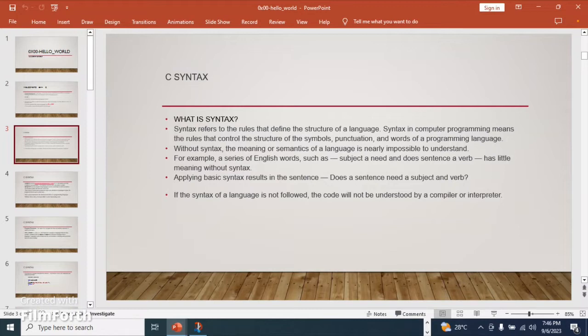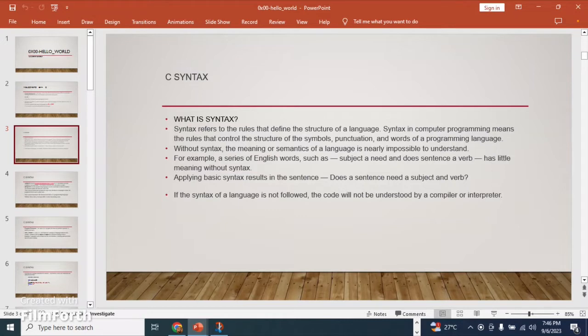Just like in the English language with its rules and sentence structures. If I say, "a subject need and does sentence a verb," you'll be like, excuse me, I don't understand what they're trying to say. But if I say, "does a sentence need a subject and a verb?" then you understand what I'm trying to say, because I've applied the basic syntax rules of the English language.